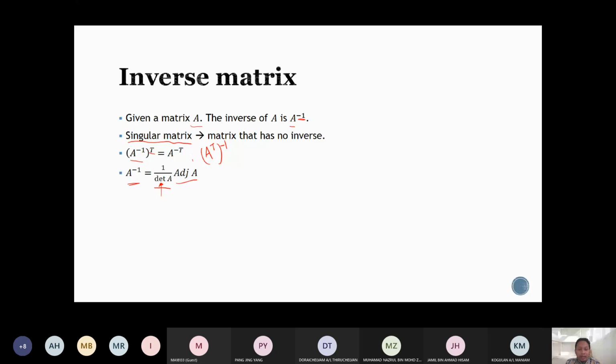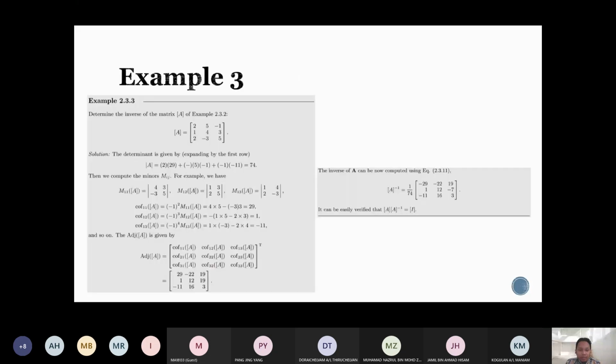Okay, mungkin refresh balik macam nak buat. Let's say you have this matrix A, and you want to find the inverse of this matrix. Firstly, we find the determinant. To find the determinant, maybe we can take the first row here.